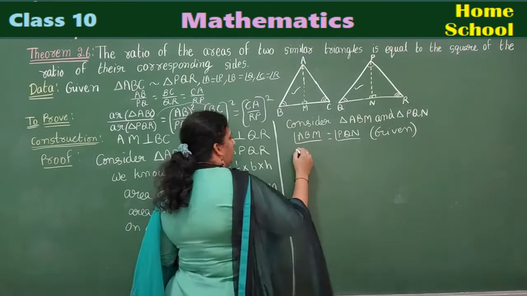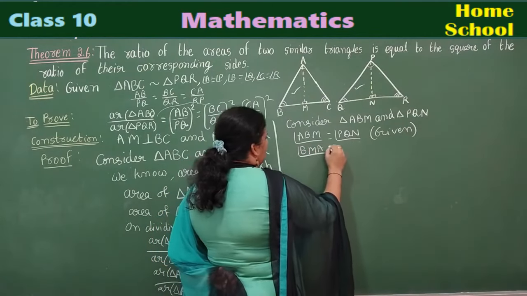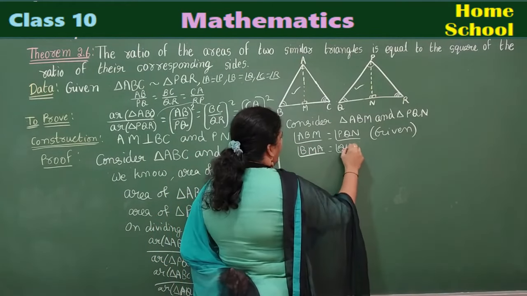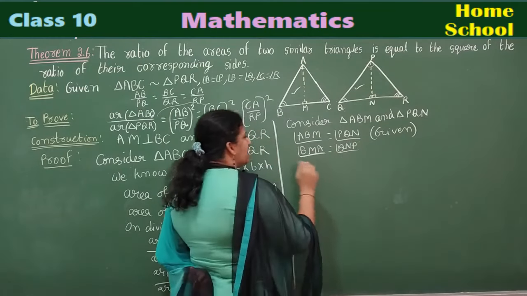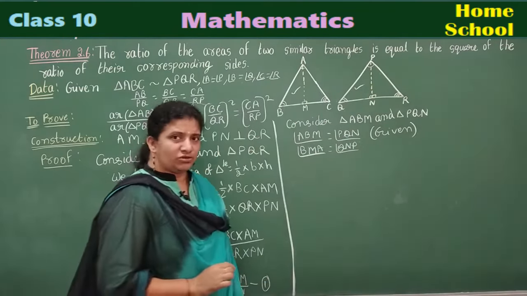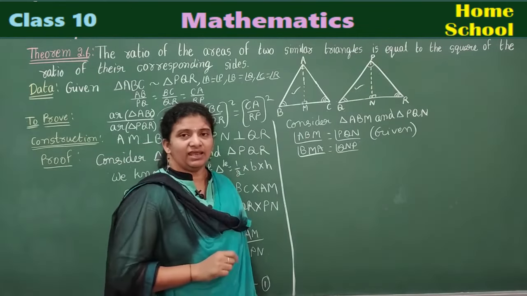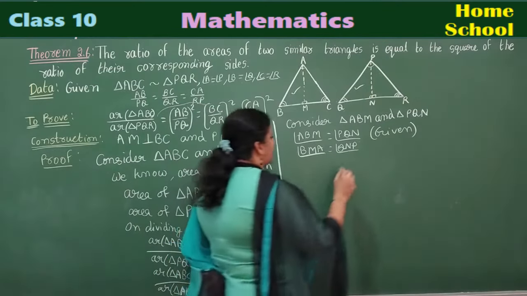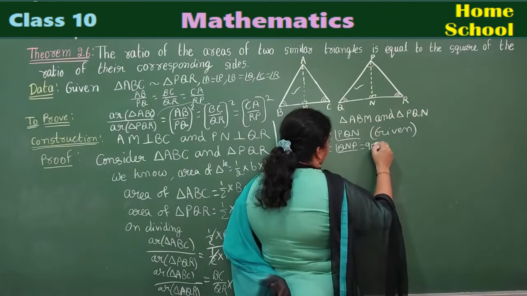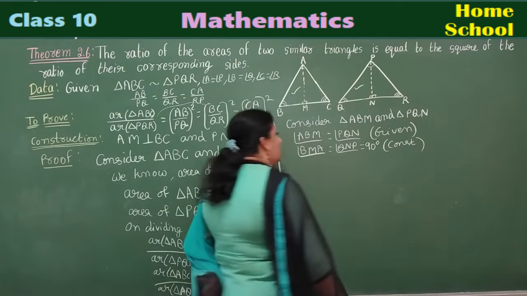And one more: angle BMA is equal to angle QNP. What are the angles we need? Angle M, angle N, you can say. Easy to remember: angle B equal to angle Q is given. Angle M equal to angle N, perpendicular, that will be equal to 90 degrees, by construction. I can say this as the reason.